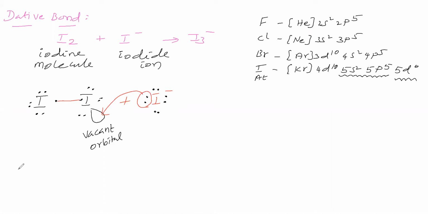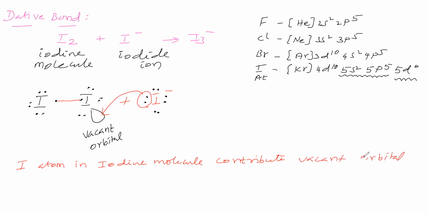Now see, the iodine atom in the iodine molecule contributes a vacant orbital, while I minus contributes a lone pair.